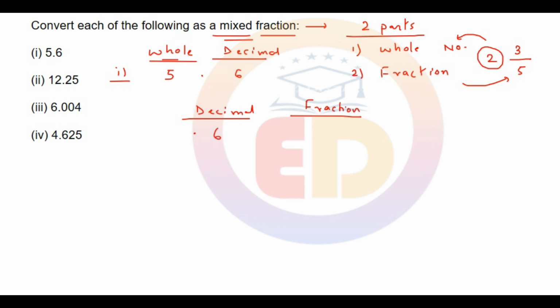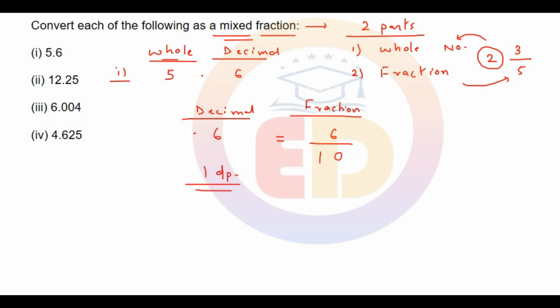Now 0.6 has one decimal place after the decimal point. Since it has one decimal place, first of all, write down 0.6 without the decimal point. It will be only 6. And then in the denominator, first write 1. And after 1, since there is one decimal place, add 1 zero.